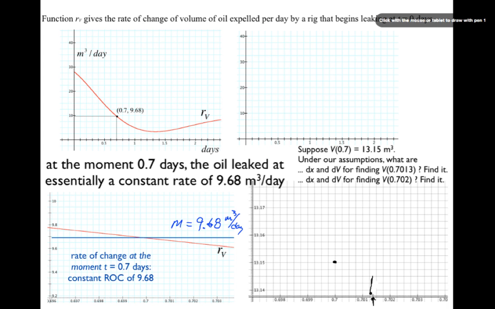A little shaky today. Okay. So along that 0.7013. And so if we want to find the final amount of accumulation at 0.7013, it starts with what? It starts with a change in x, right? So what is the change in x that we're talking about?